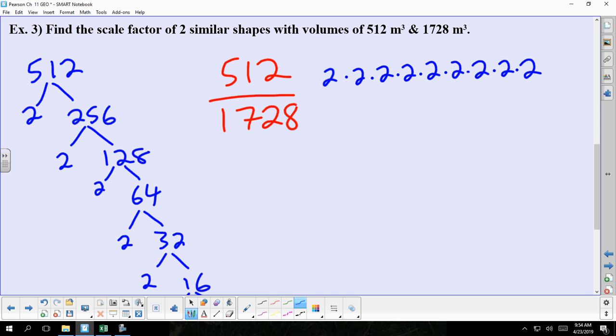All right, now let's do 1728 and see where that ends up.